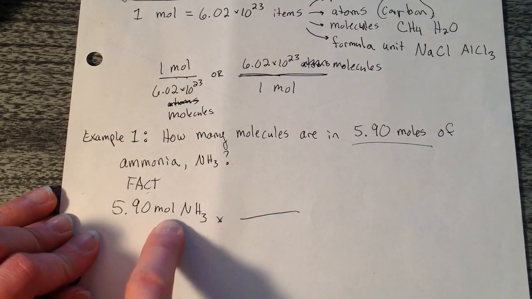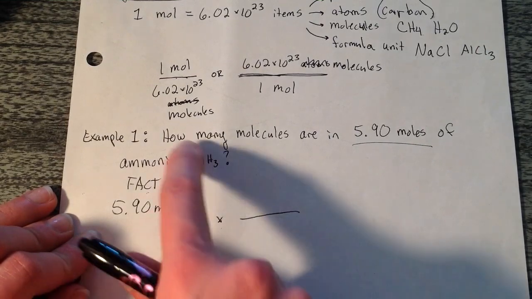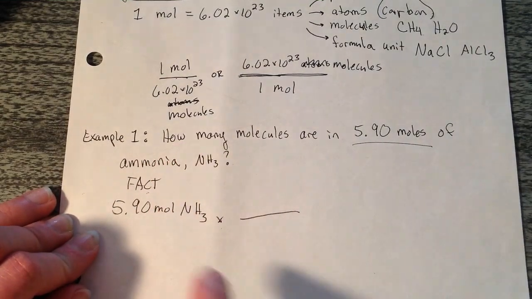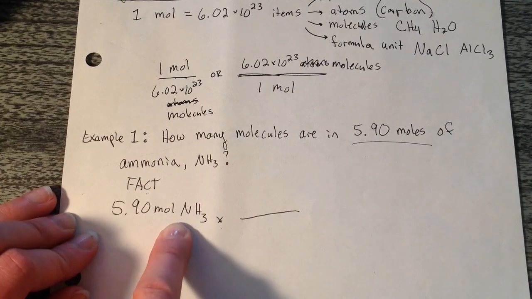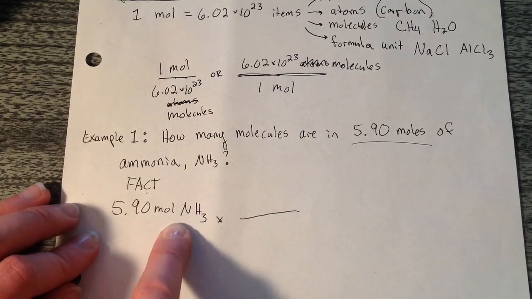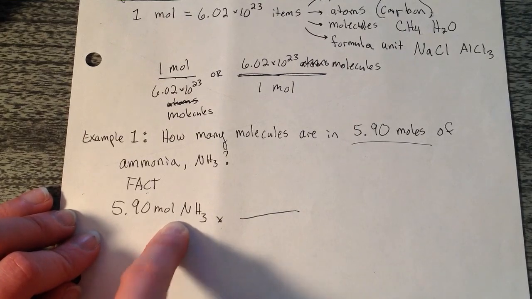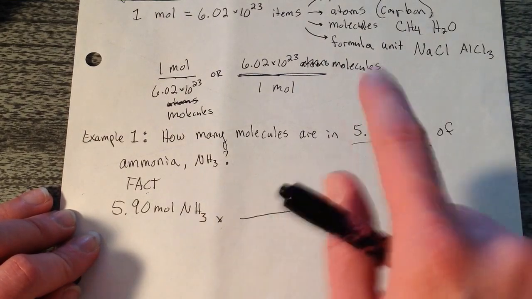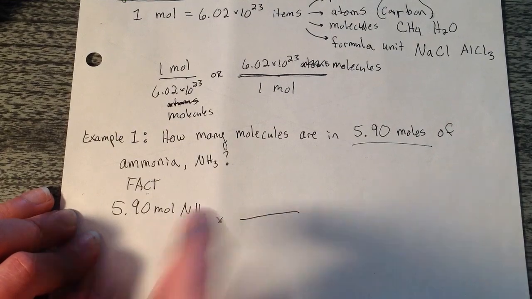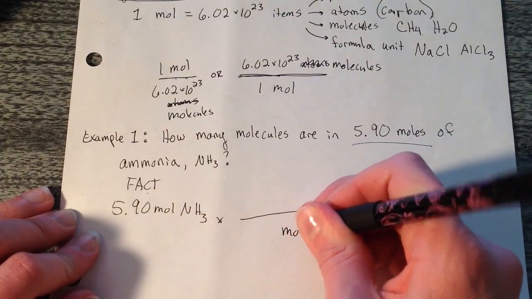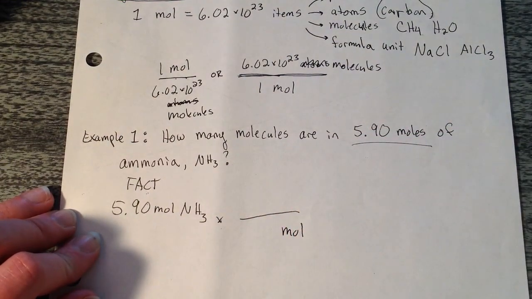I don't want to stay in moles. I want instead to figure out molecules. I want moles to cancel. In order to cancel the moles here, the unit has to be in the opposite location. So here it's on the top.